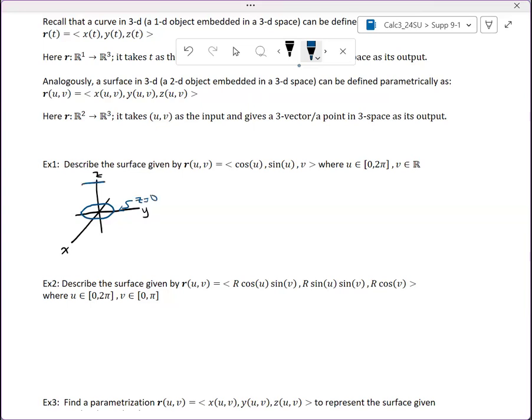Or in general, for z equals z naught, which would correspond to v equals v naught here. This is v equals 0. We have some circle maybe above or below the xy plane.